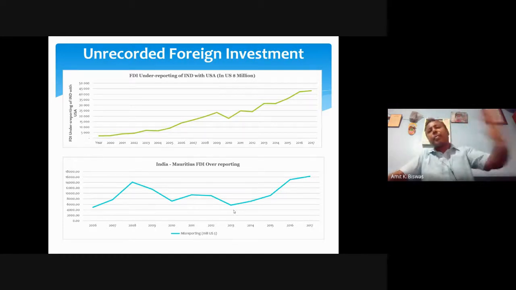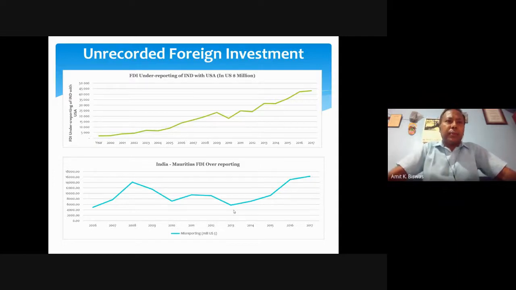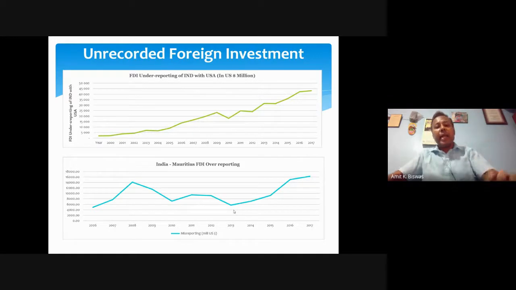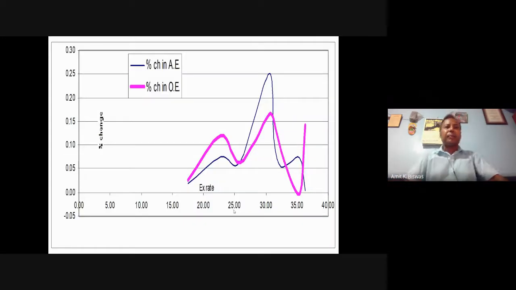In this presentation of ours this afternoon, we'll be talking more in terms of foreign investment, and we'll show, if time permits, how money goes away from the trade account and comes back via the FDI account.